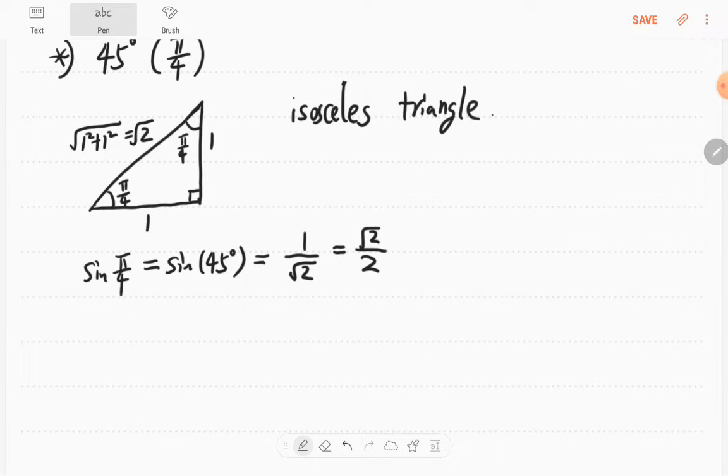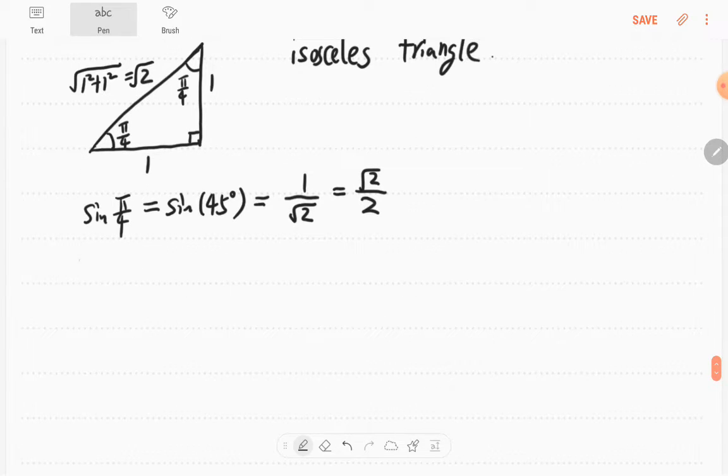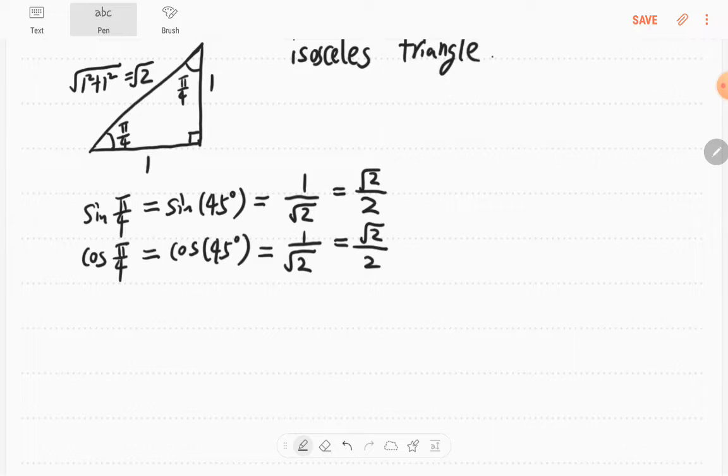It doesn't matter. These are exactly the same. And cosine of pi over 4, which is cosine 45 degrees, is also adjacent 1 over hypotenuse square root 2. So you can write it as square root 2 over 2.